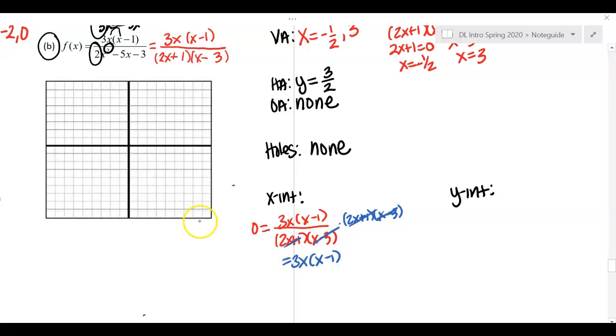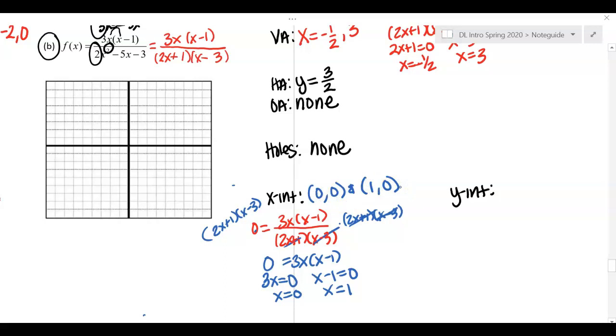And on the other side, it works out nicely too, because no matter how crazy all this stuff is, it's multiplying with 0, and anything times 0 leaves us with 0. So we get 2 factors here. One would leave us with an x value of 0, the other with an x value of 1. So we have 2 x-intercepts, 0, 0, and 1, 0.